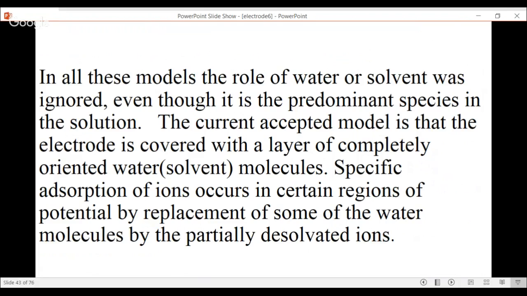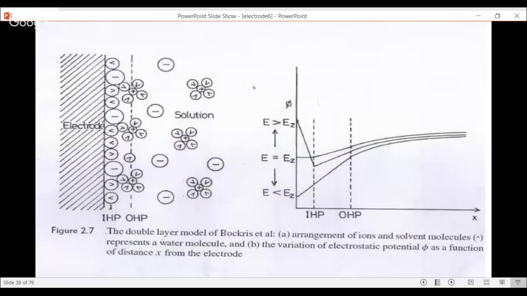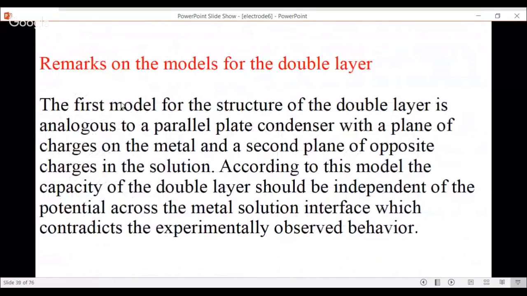Specific adsorption of ions occurs in certain regions of the potential by replacement of some of the water molecules by partially desolvated ions. Okay, we will see this. For example, you can see the solvent molecules are shown like this, and then it replaces the ions, and the solvent molecule replaces the solvent molecules.